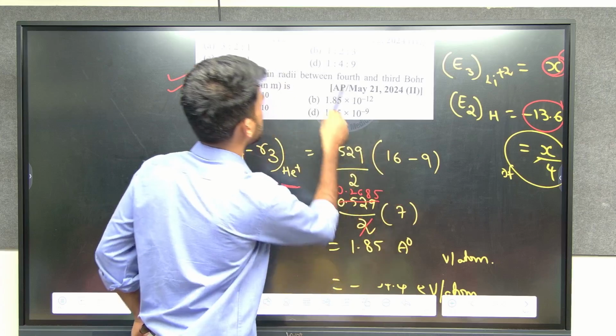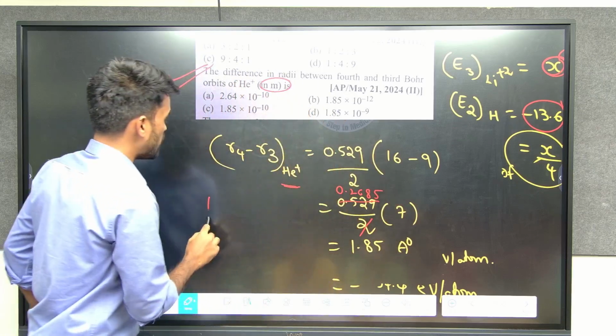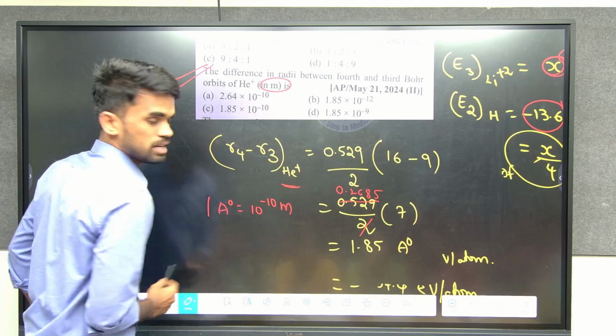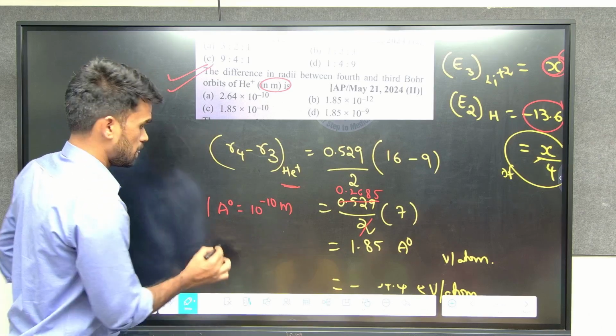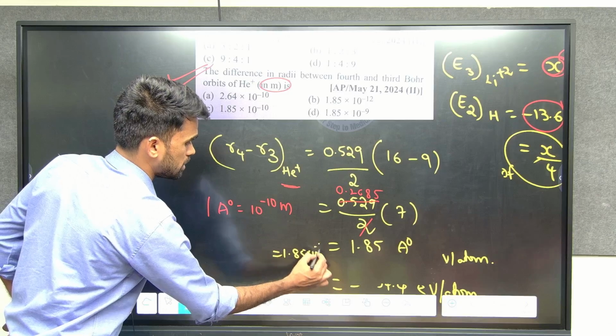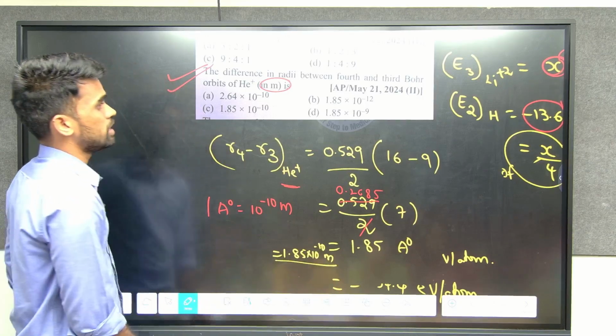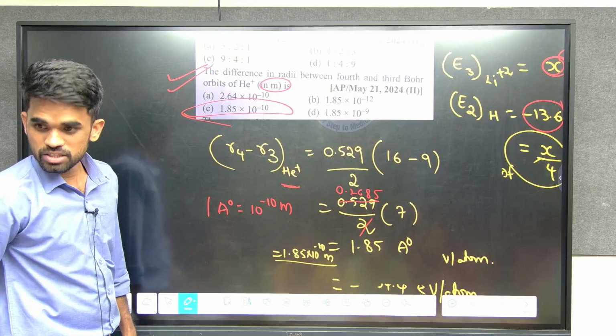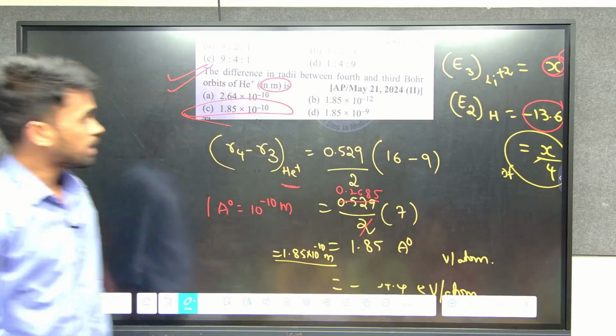But they are asking in meters. What I told you, 1 angstrom is 10 power minus 10 meters. Today we discussed it now. So it will be 1.85 into 10 power minus 10 meters. So where do we have it? C. This is your answer. First bench. Okay, next.